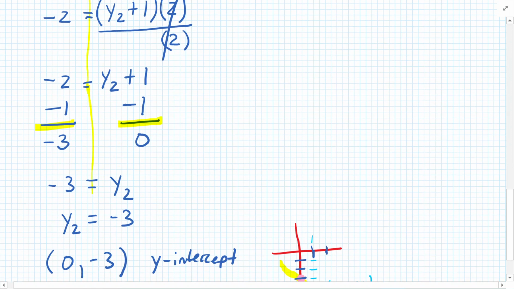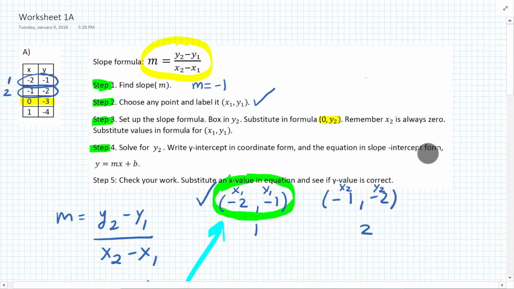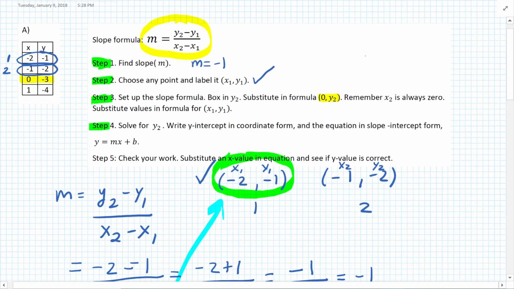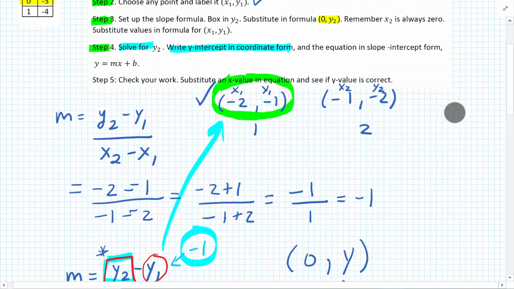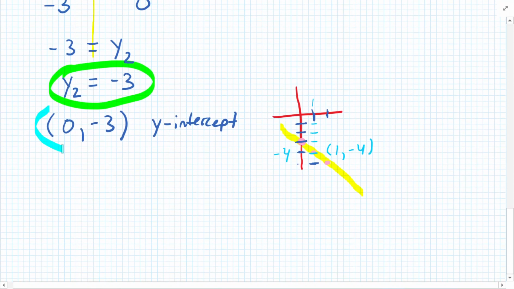We ended up with y2 equaling -3. So we did this step, solve for y2. We wrote the y-intercept in coordinate form. Here's our coordinate point, remember? 0, -3. So this is in coordinate form.